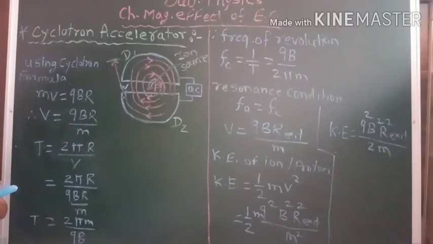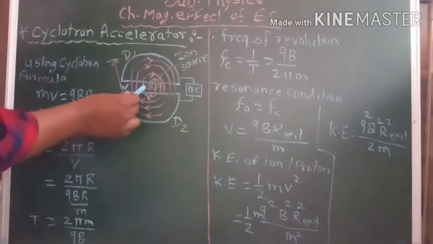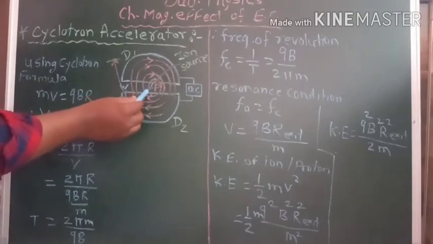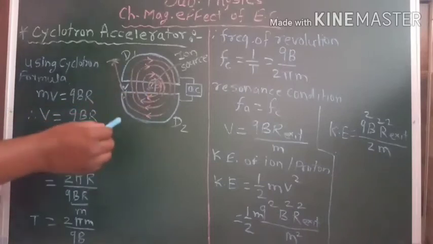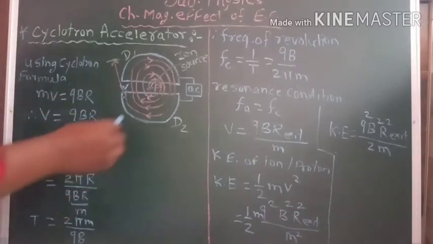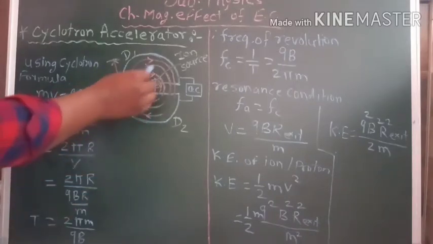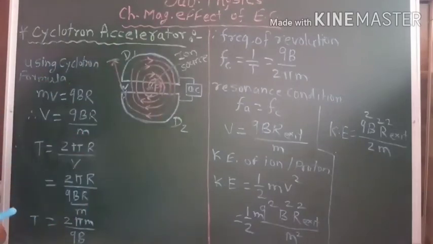Then the electric field provides acceleration to the charged ion, which is produced from the ion source at point P.